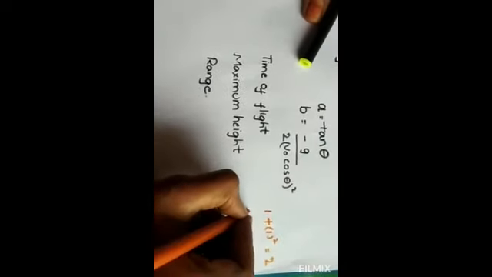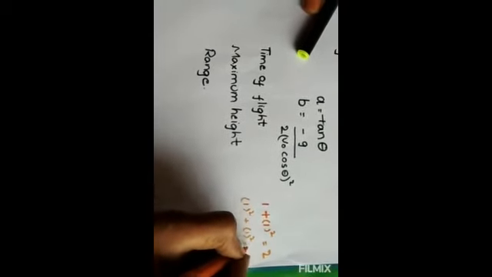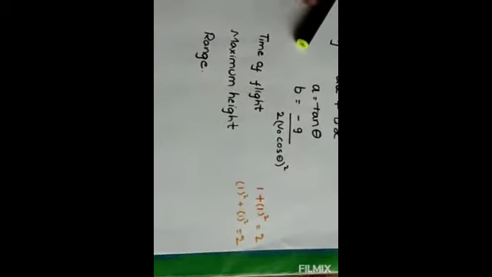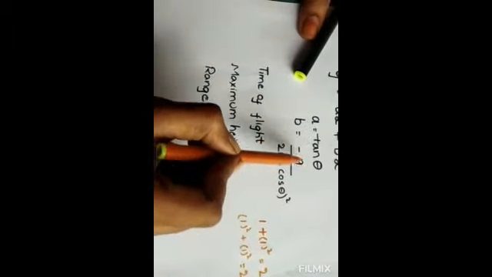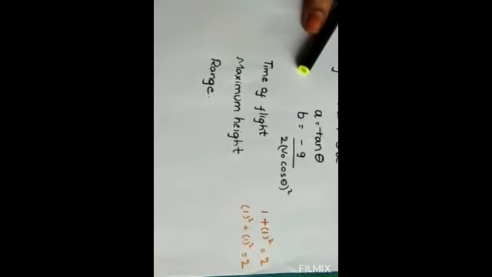At the same time, 1 square plus 1 square is also equal to 2. Okay, you know this, b is equal to minus g by 2 v naught cos theta whole square. Whatever comes, the formula for this will be in sin theta.